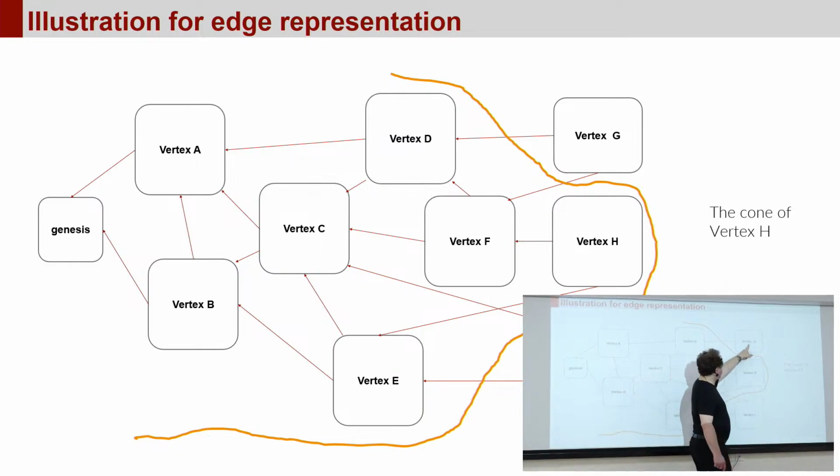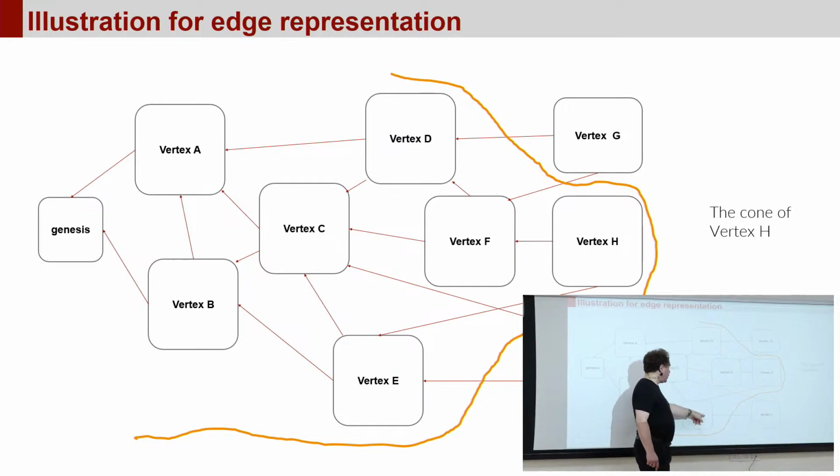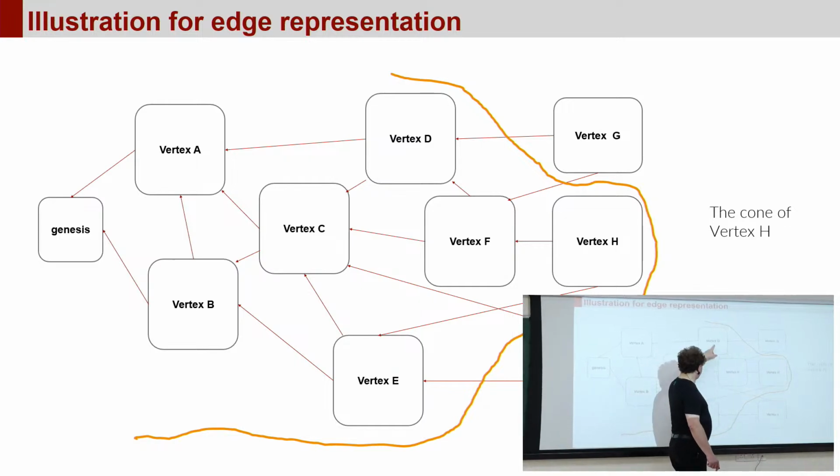Okay, let's consider vertex G, right? It points to vertices D and F. Now it may be the case that vertex E is conflicting with vertex D, okay?